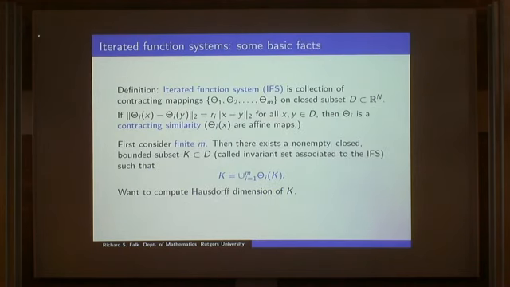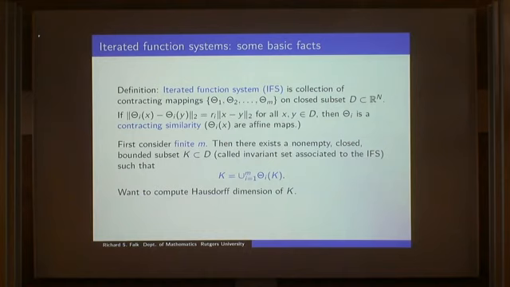Okay, so the next thing in my title: what are iterated function systems? Well, I have a bunch of mappings, theta 1 up to theta m, defined on some closed subset D in R^n. I'm going to start off talking about the case where these are affine maps. That's the simple case.